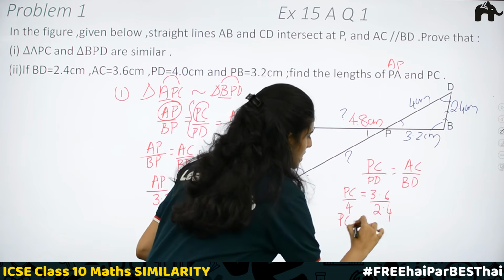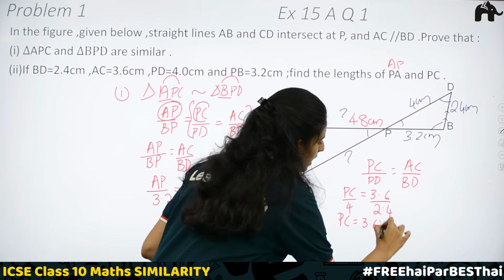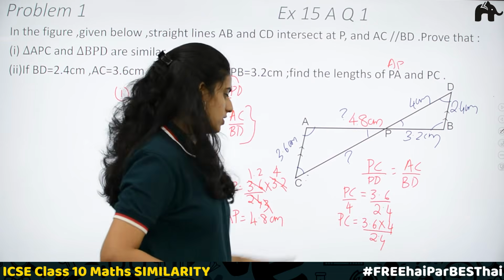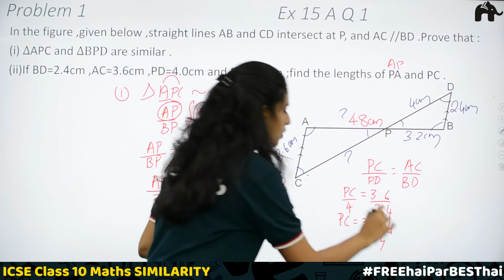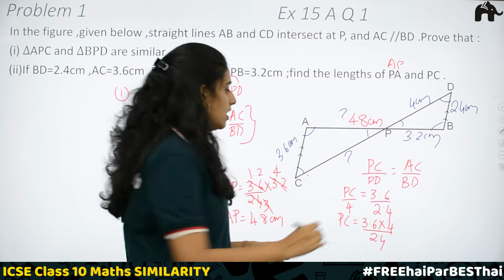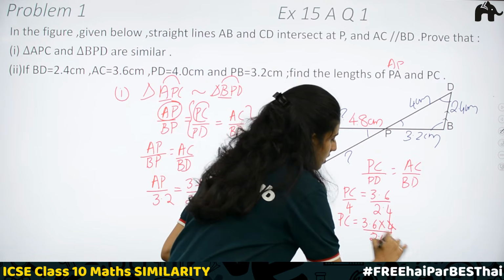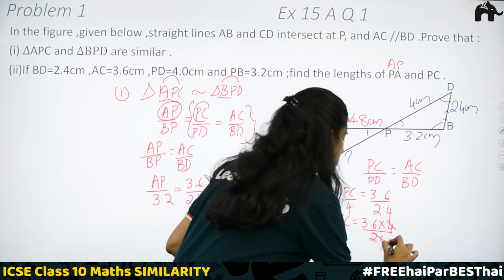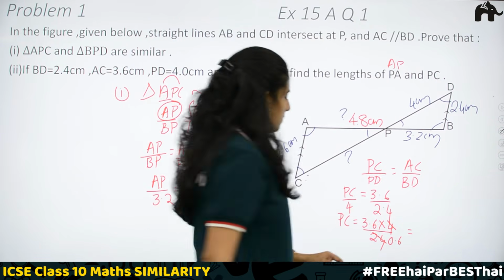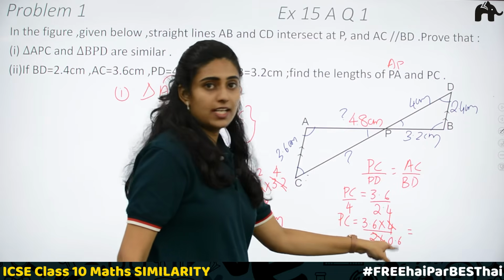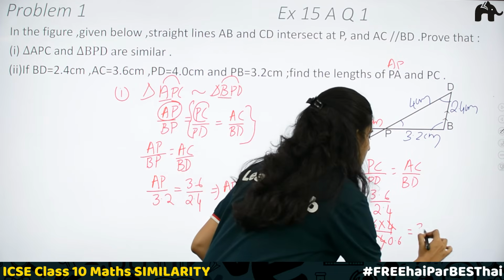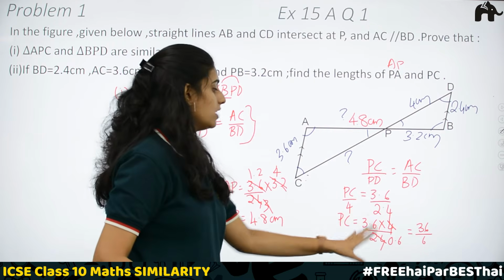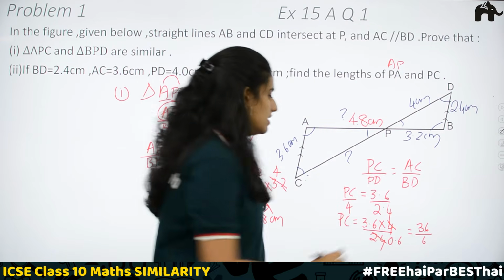Which means PC is equal to 3.6 into 4 divided by 2.4. Taking this 4 to the opposite side, 4 and 2.4 can be cancelled. 4 into 0.6 is 2.4. Here we get 0.6. 3.6 divided by 0.6, that is 36 by 6, multiplying numerator and denominator by 10. 36 by 6, what is the value?